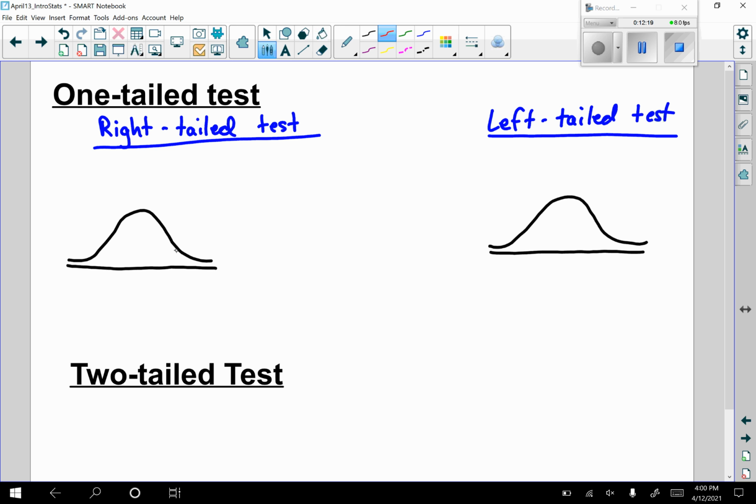So right-tailed test means we have some area shaded off to the right here. This would be the critical region. What's not shaded would be the non-critical region.